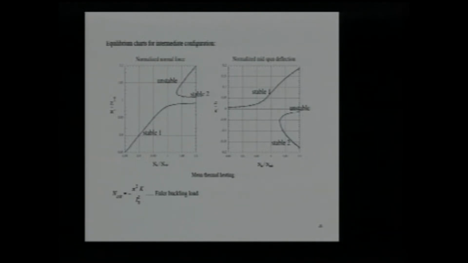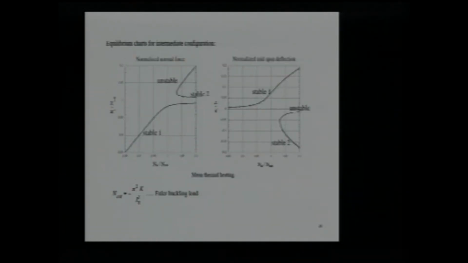And now assume that you have some thermally buckled panel or structure, and you have a large pre-displacement, and now you would like to morph the vibrations or to suppress some vibrations.